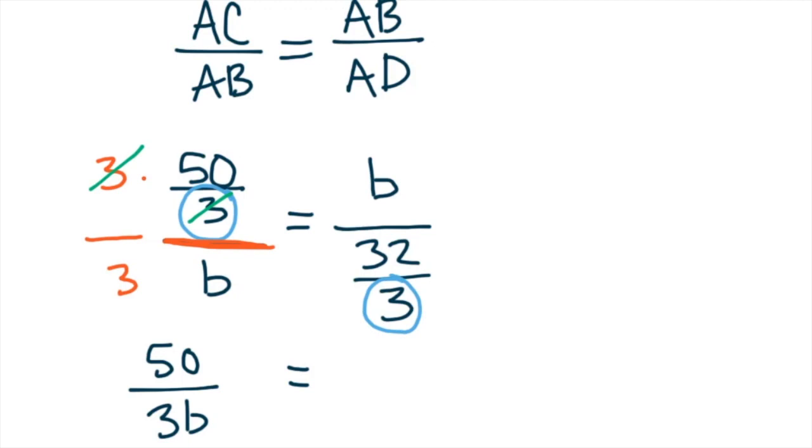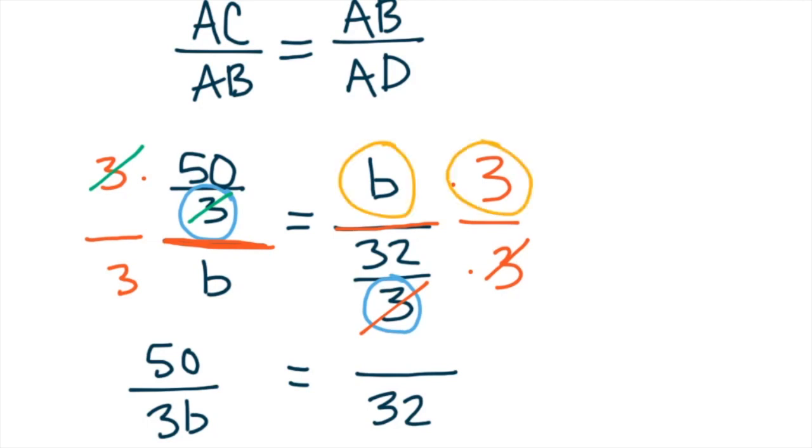On the right side, let's do the exact same thing. Let's multiply the numerator and the denominator by 3. So in the denominator, I have this 3 divided by 3, which will leave me with a 32 in the denominator. In my numerator, I simply have b times 3, which is going to be 3b. Much better. Now we'll be able to cross multiply and we won't be driving ourselves insane.